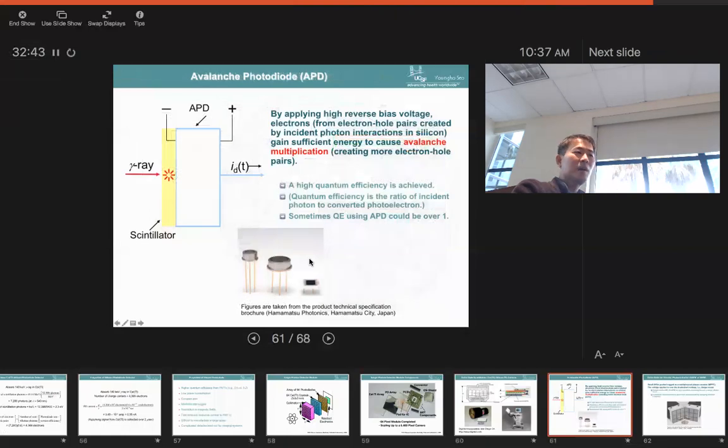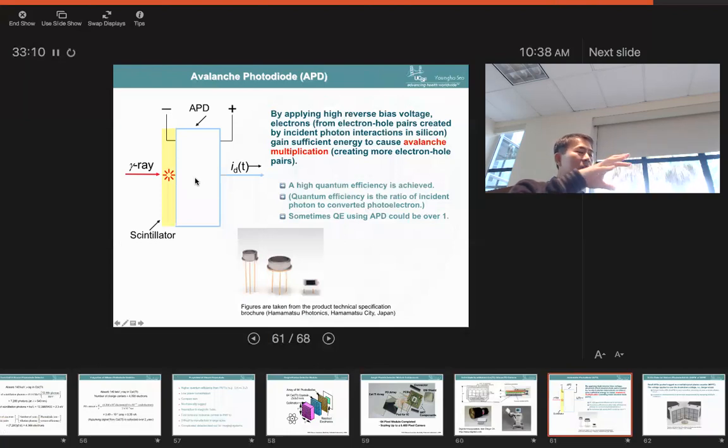I was talking about there being a way to amplify the signal within the photodiode. Instead of applying a normal bias voltage across the electrodes of the photodiode, we apply a much higher voltage. Basically you can make an avalanche effect within the photodiode. It's really snowballing.